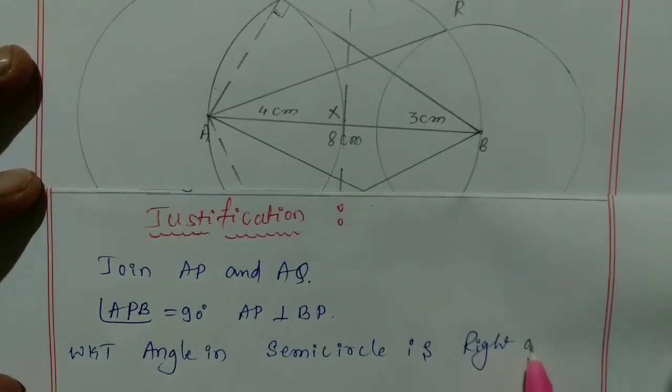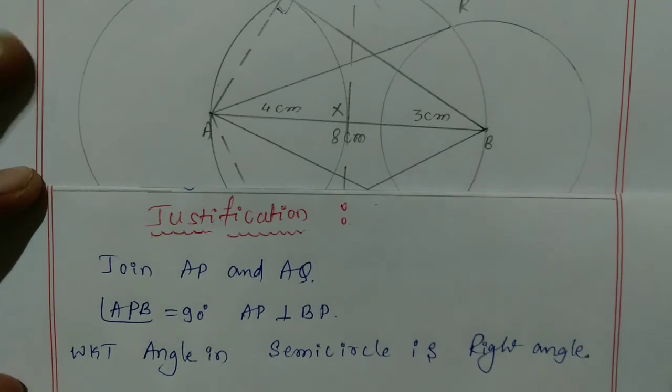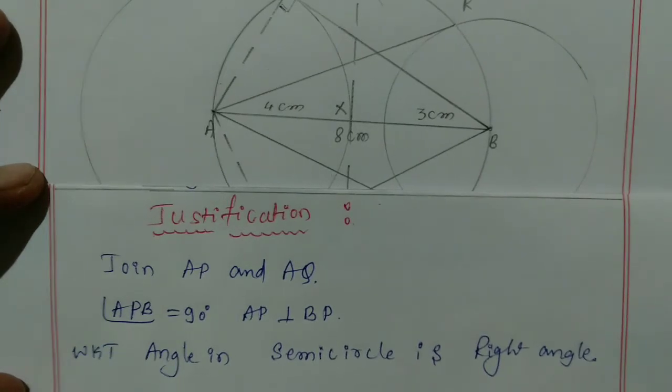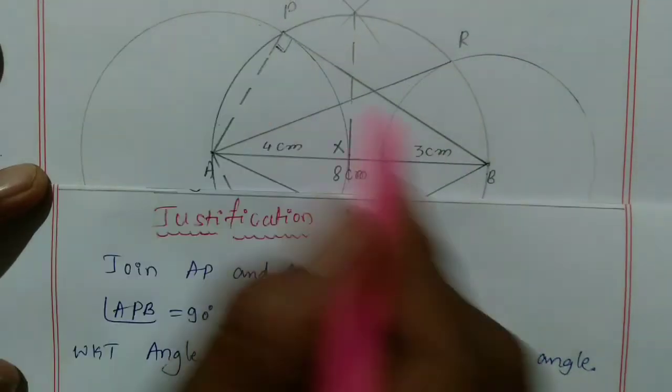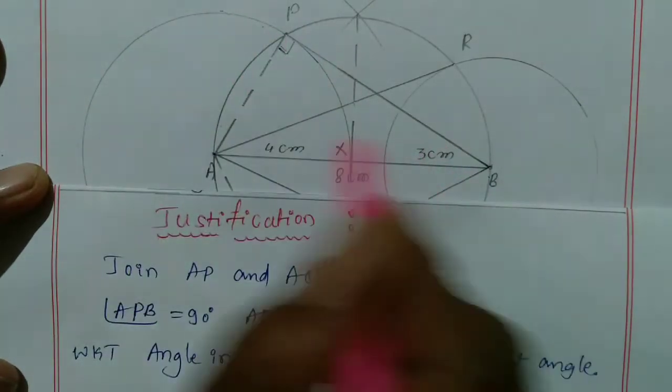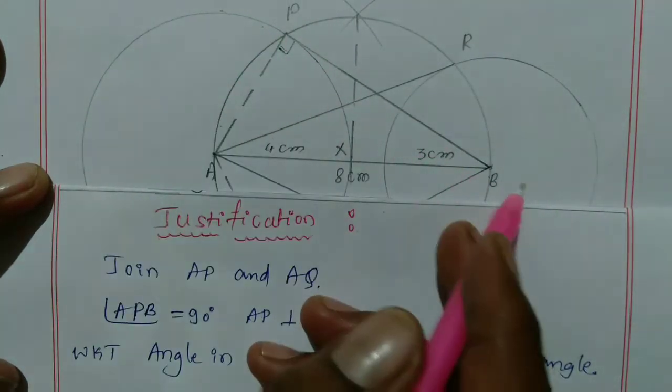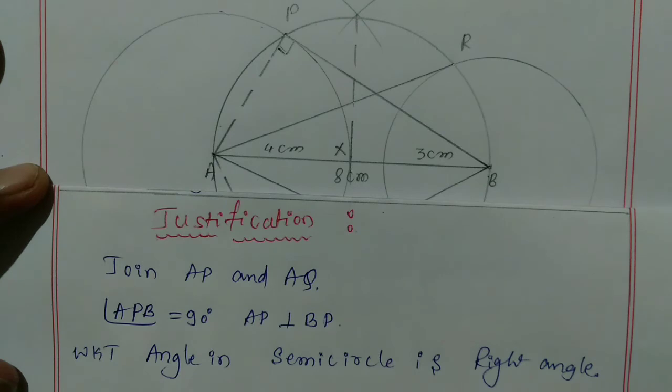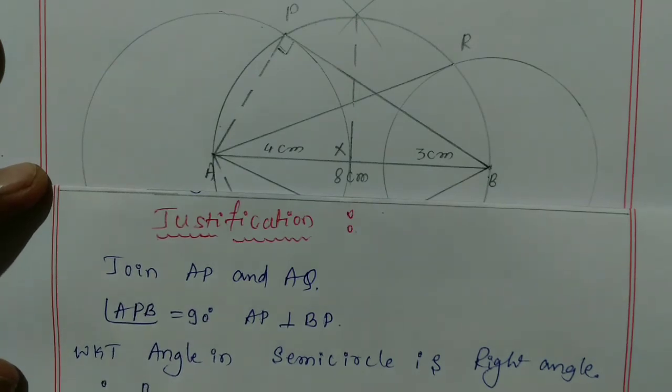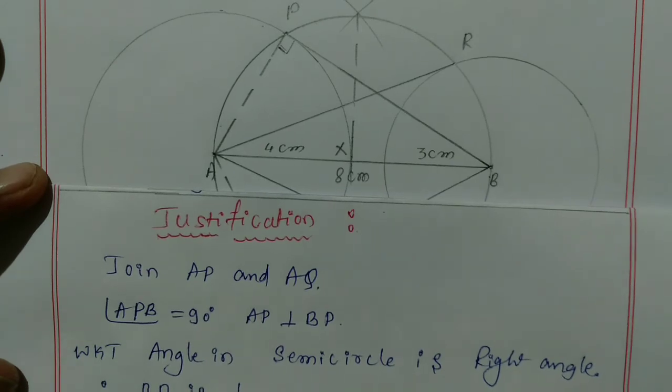You can write this one, angle in semicircle is right angle. So therefore if this angle is a right angle, this is said to be a tangent. So I will write here therefore BP is tangent.